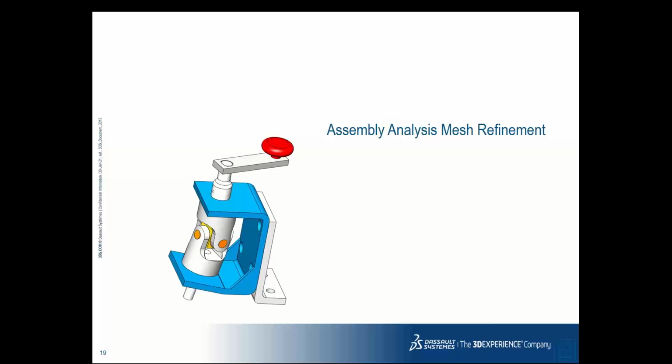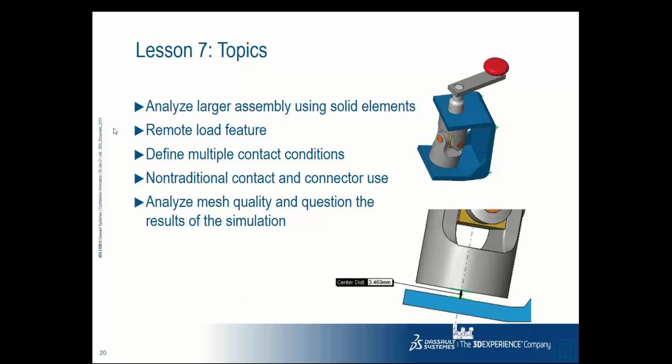This is one thing that we'll be learning. Then we saw mesh refinement, but in this particular case also we'll learn about mesh refinement. Also, in the previous lesson I told you that there is a concept called remote load and remote mass that I'll be showing in the next session, so that also I'll be explaining. And connectors. There are multiple things that we need to understand in this particular lesson.